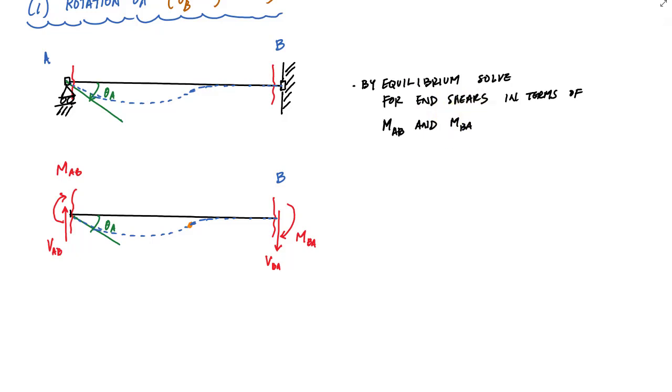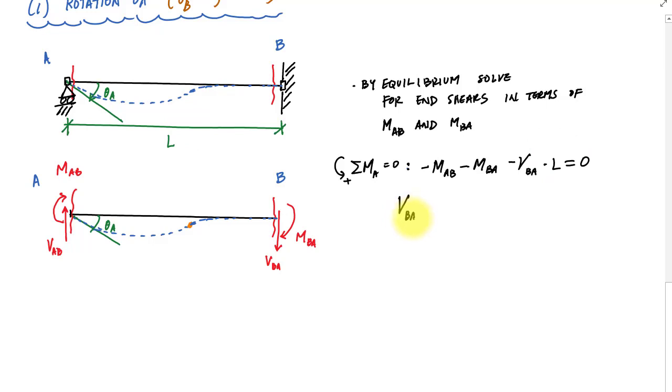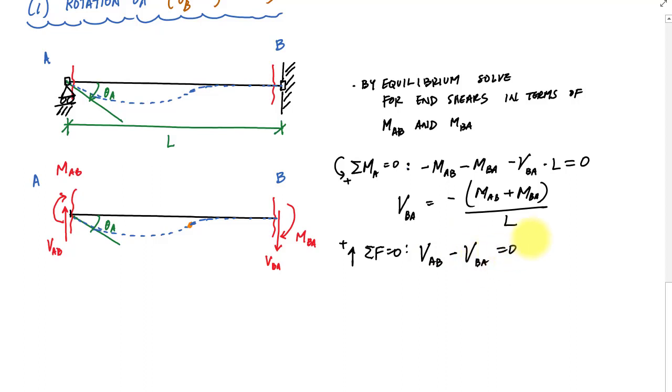So here, sum of the moments about A, and this will tell me VBA is negative MAB plus MBA divided by L. And then from sum of the forces in the vertical direction, I would get VAB minus VBA equals 0. And that just tells me that VAB equals VBA, which is negative MAB plus MBA divided by L also.